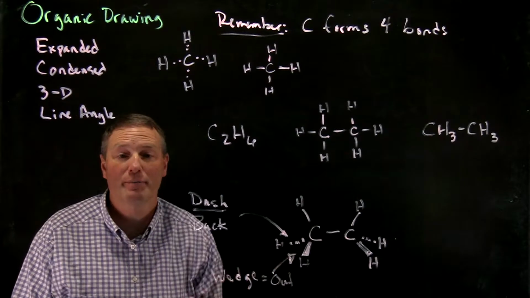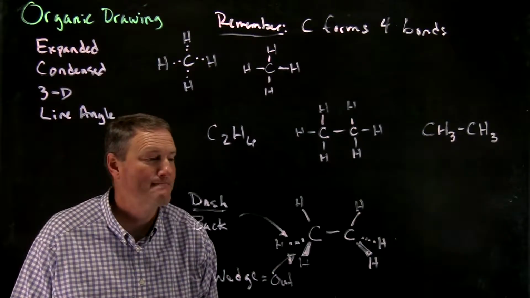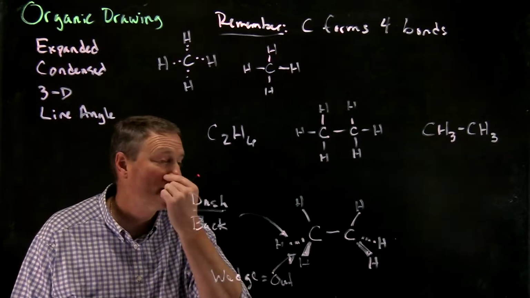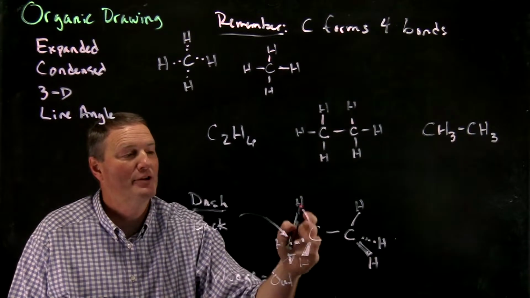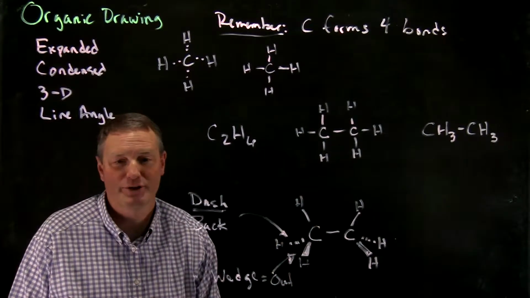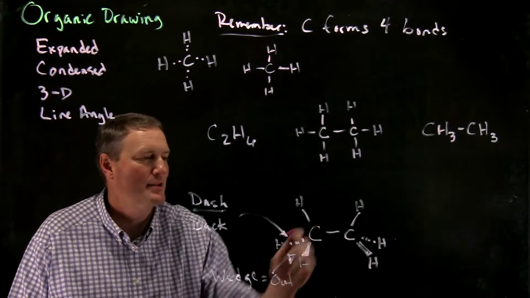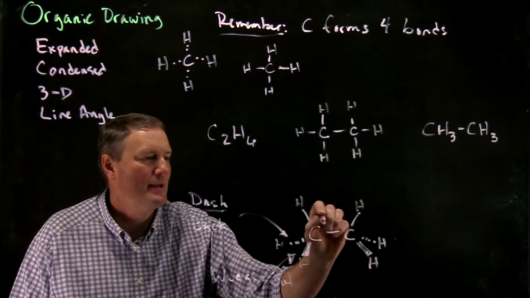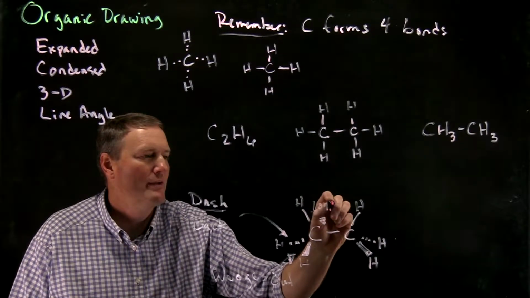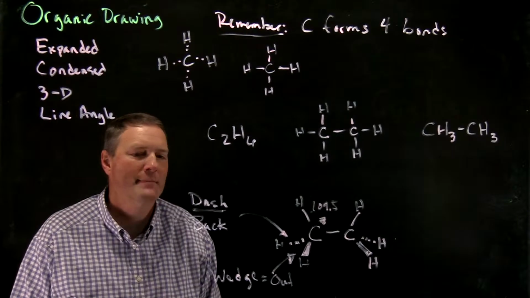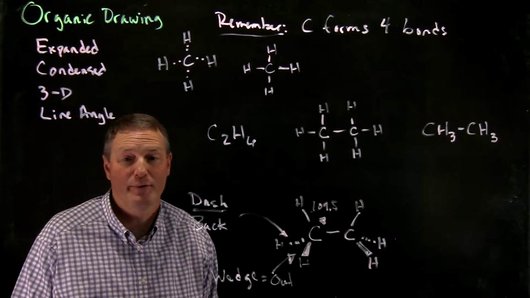So coming out of the plane defined by the glass board here. Okay, so this would be a three-dimensional model. Notice that coming off each carbon, we have a tetrahedral shape of the bond. So the bond angle here is going to be 109.5. All right, so that would be the three-dimensional drawing.